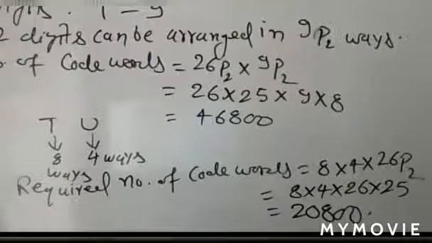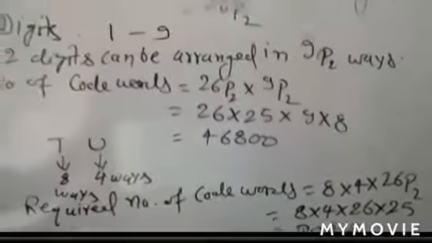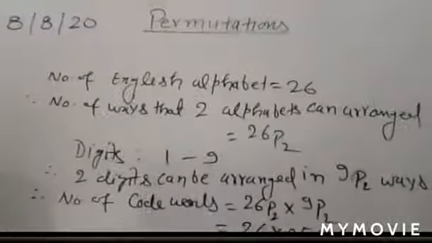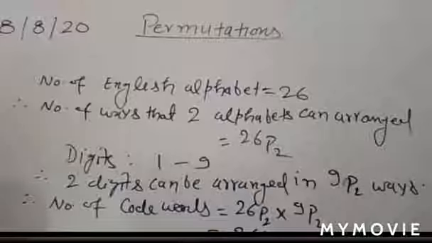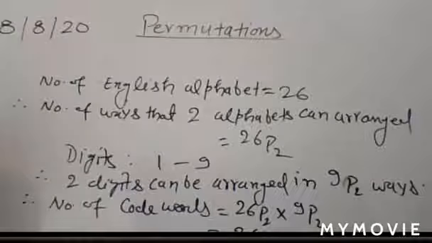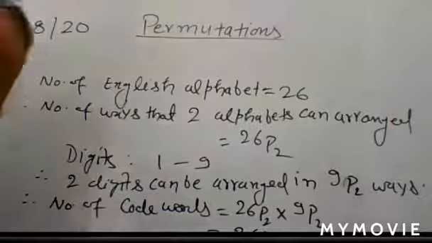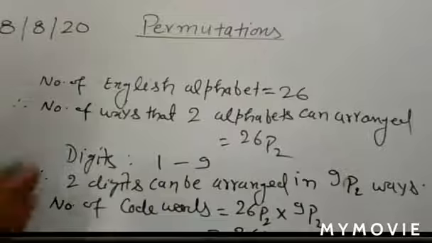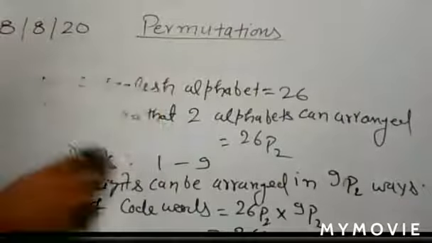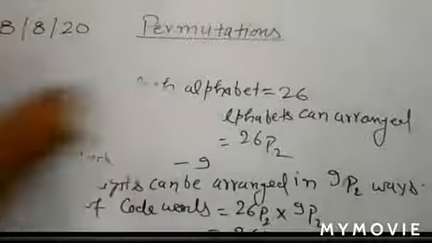Okay, right, next. In how many ways can 5 boys and 3 girls be seated in a row so that no two girls are together?